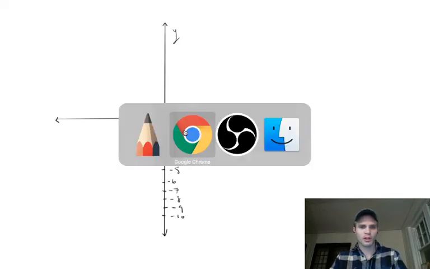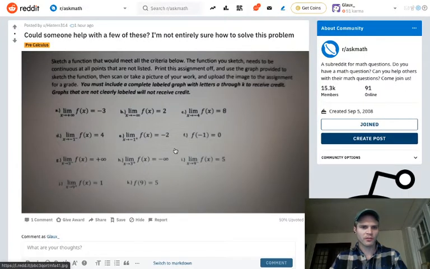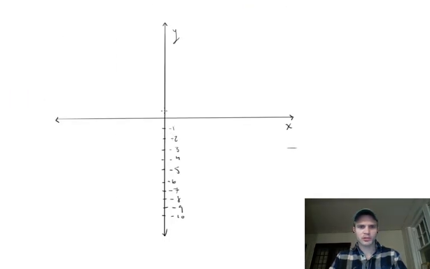And then for negative infinity, we need to go to positive 2. So let's do the same thing. 1, 2, 3, 4, 6, 7, 8, 9, 10. That's probably good. So 5, 6, 8, 10. You can fill them in as close as you want. And then let's do the same thing.